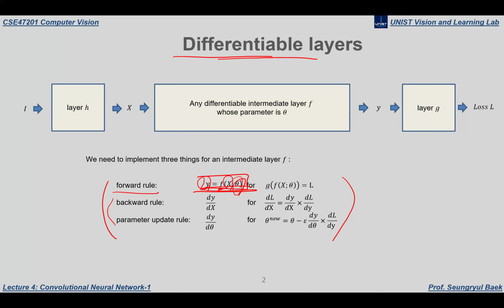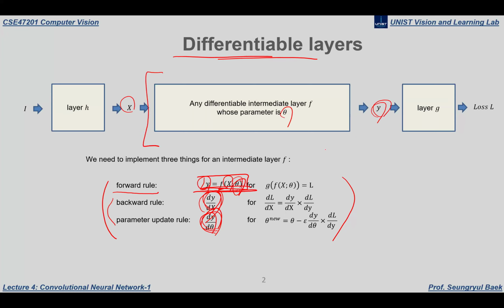And I mentioned that to be trained in the deep architecture, the individual layers have to have these two gradients: dy/dx, which means the differentiation of output with respect to their input, and dy/dθ, which means the differentiation of output with respect to the parameter vector.